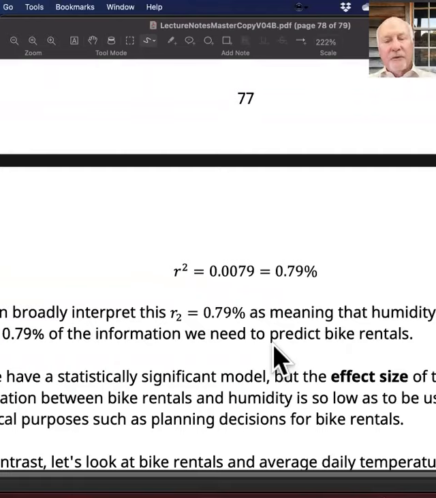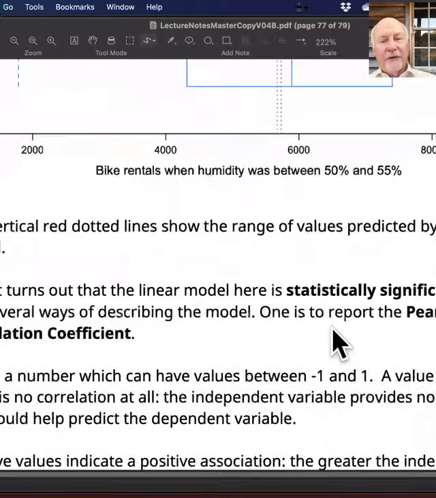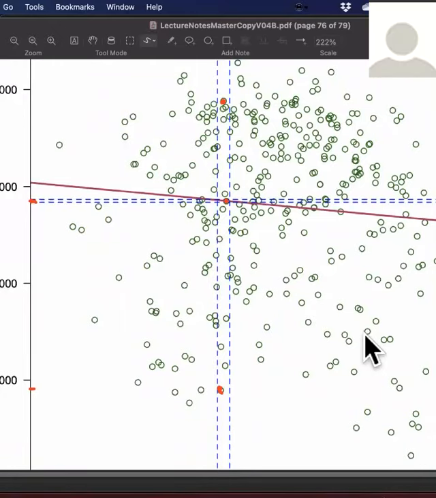So to answer our question, how much does humidity tell us about what the bike rentals are going to be? What this is telling us is, assuming that the relationship between humidity and rentals is a straight line relationship, humidity tells us almost nothing. It tells us a tiny bit, but it's certainly not enough that we would use it to make any kind of decisions.